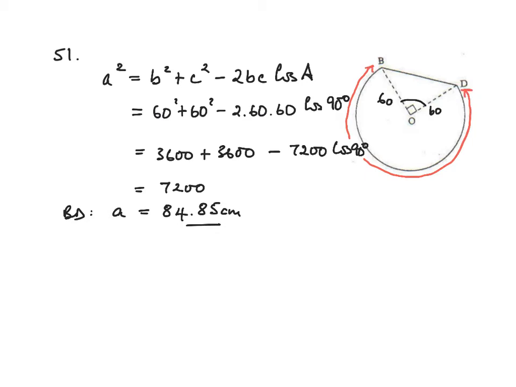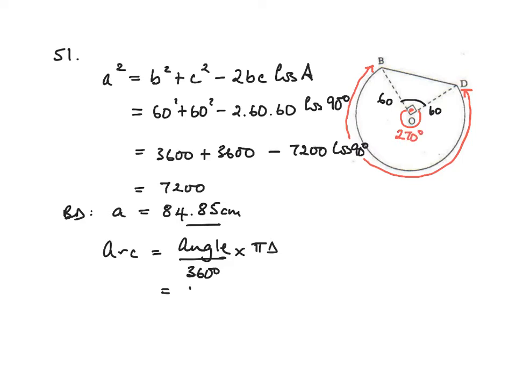And the formula that we use is arc equals angle over 360 degrees multiplied by pi d. Now, the first thing to do is to get the angle correct. It's this angle here that we're going to use, and we know that this one's 90 degrees, so this one is 360 minus 90, which is 270 degrees.